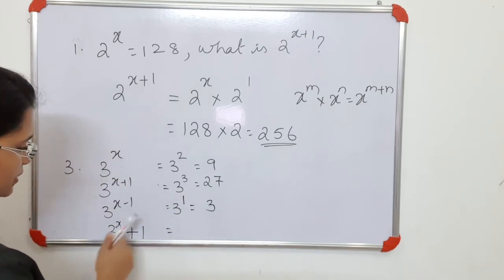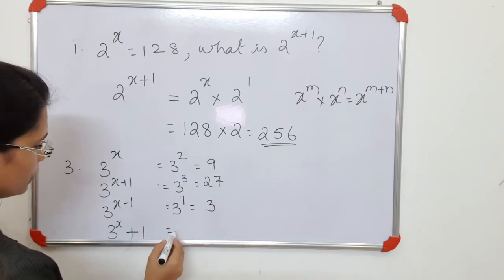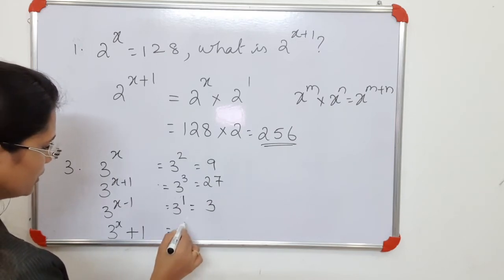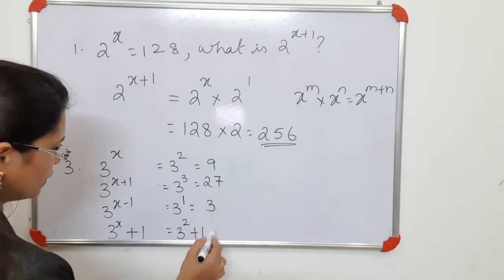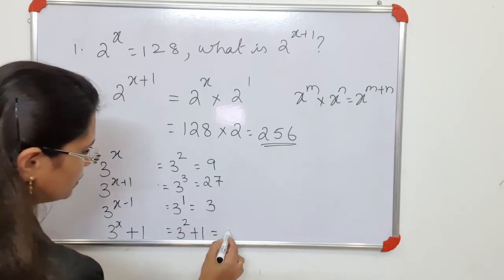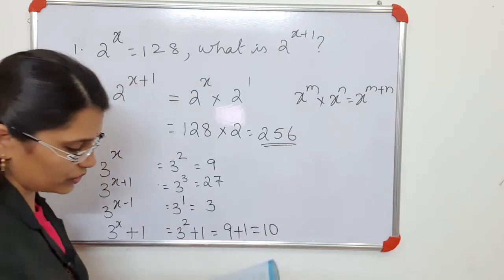And here, 3 raised to x with x equal to 2 is 3 square, which is 9, plus 1 is equal to 10.